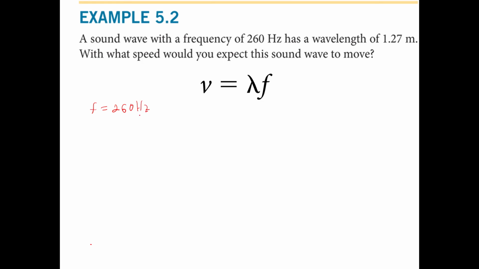This is the unit for frequency, hertz. And the wavelength, lambda, is 1 point something. Remember, the wavelength is a distance, which is why the unit is meter. Then we want to calculate what is the speed.